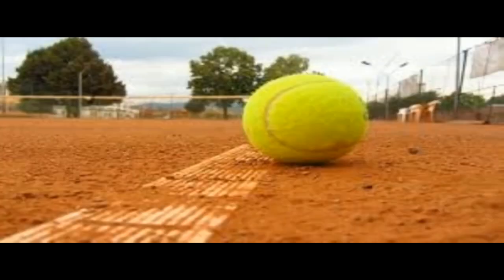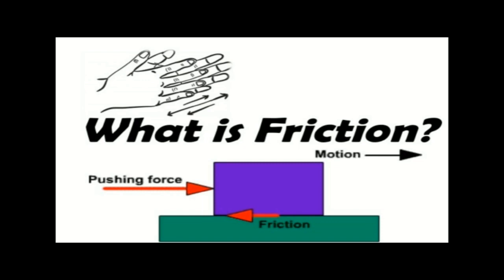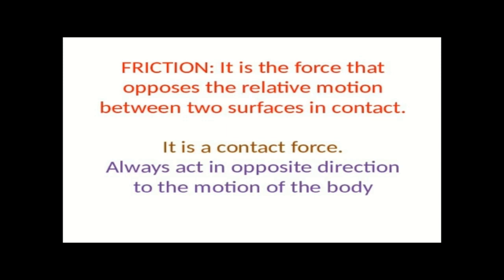A rolling ball usually stops after some time. It is due to friction. What does it mean by friction? Friction is a force that opposes the relative motion between two surfaces in contact. Frictional force is a contact force.